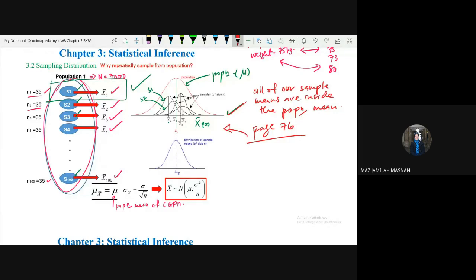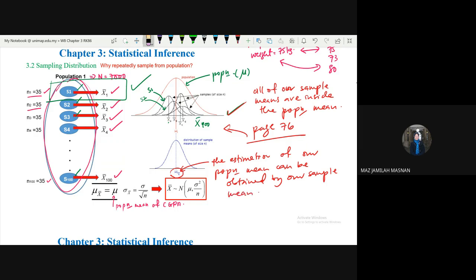We can say that the estimation of our population mean can be obtained by our sample mean.